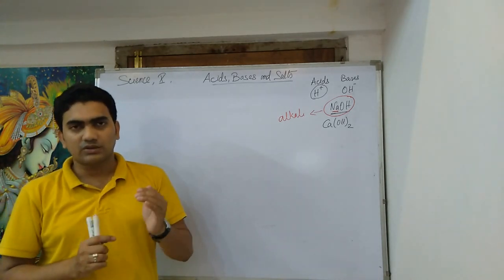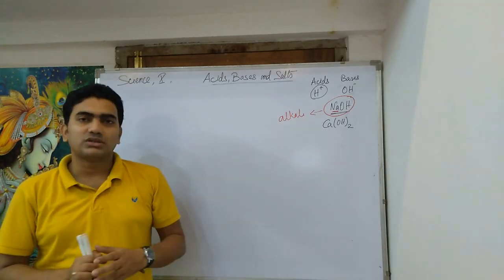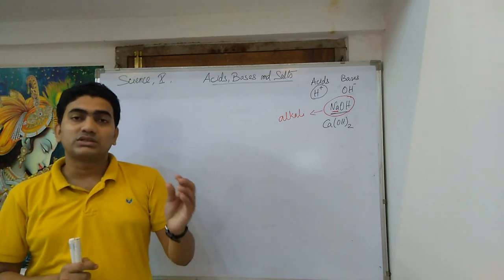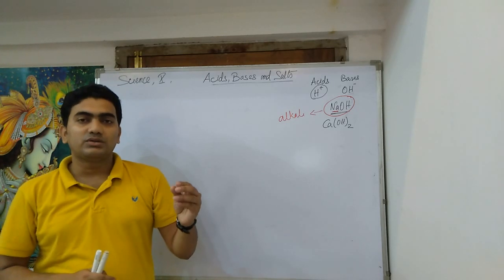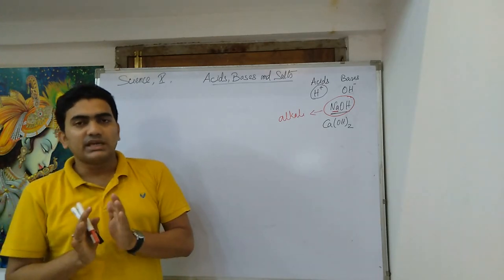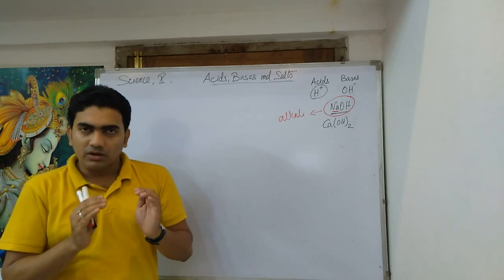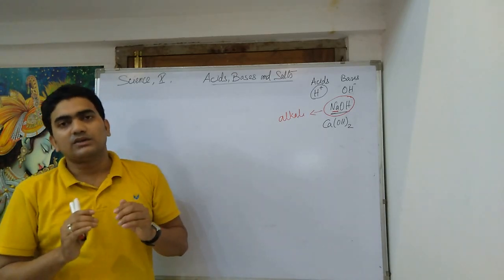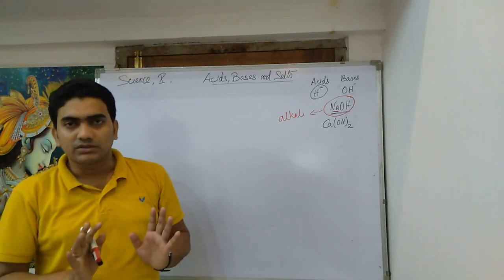This process where we increase the amount of acid in a solution is called concentration, and that particular solution is called a concentrated solution. The opposite is called a diluted solution. Simply, if in a solution we decrease the amount of acid, then we call it a diluted solution, and if we increase the amount of acid, we call it a concentrated solution.